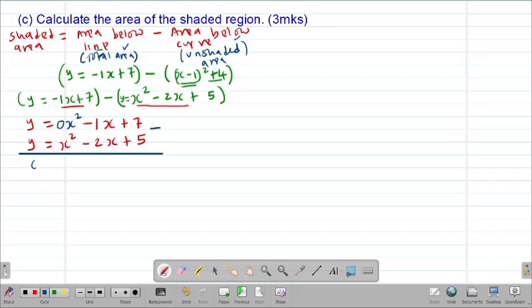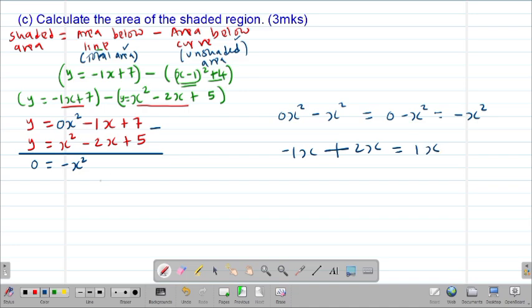So when we subtract, y minus y will get 0. Then 0x squared minus x squared gives a negative x squared. On the second term, we have negative 1x minus a negative 2x. Minus minus will give us plus, so this will end up with a plus 1x, or simply put plus x.